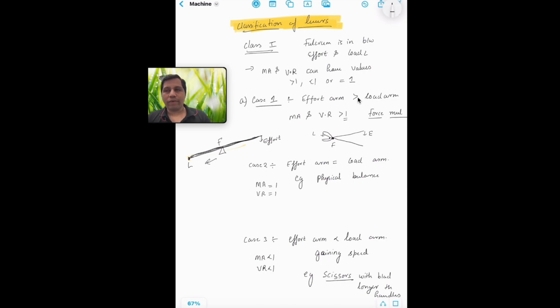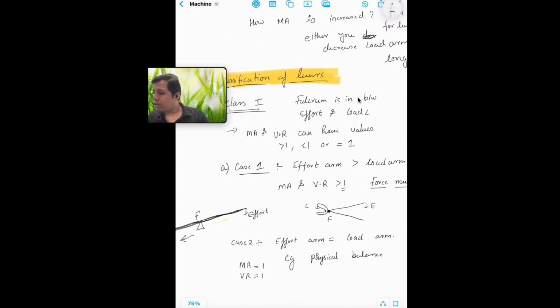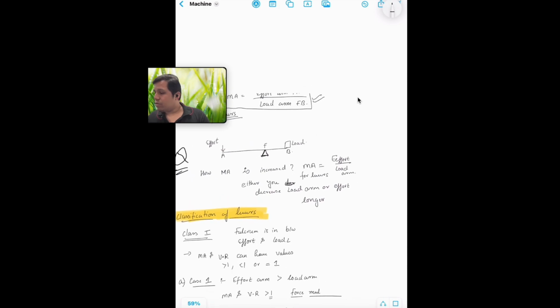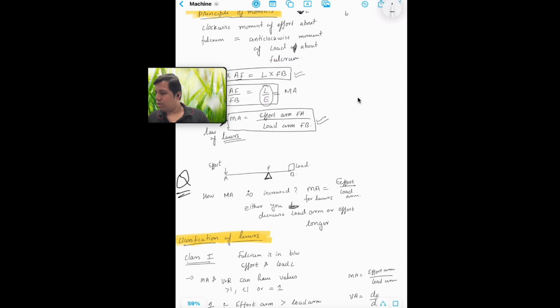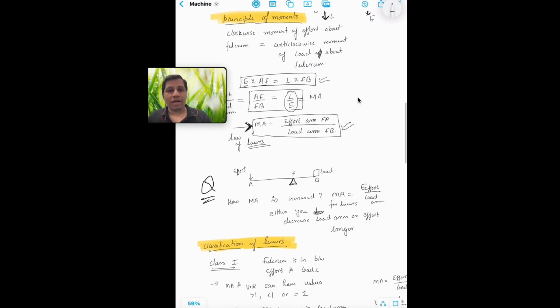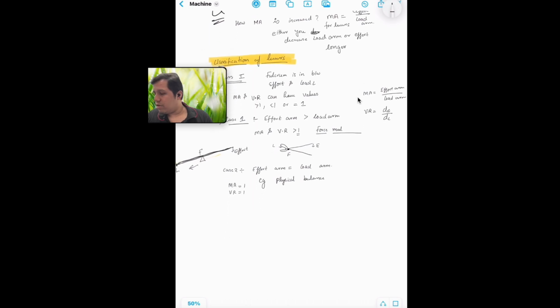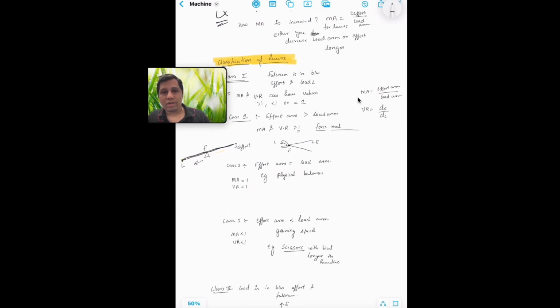Just look at the equation. We have already known that mechanical advantage is the ratio of effort arm by load arm. So if your load arm is getting shorter, your mechanical advantage will increase. We have already seen this in the previous question.